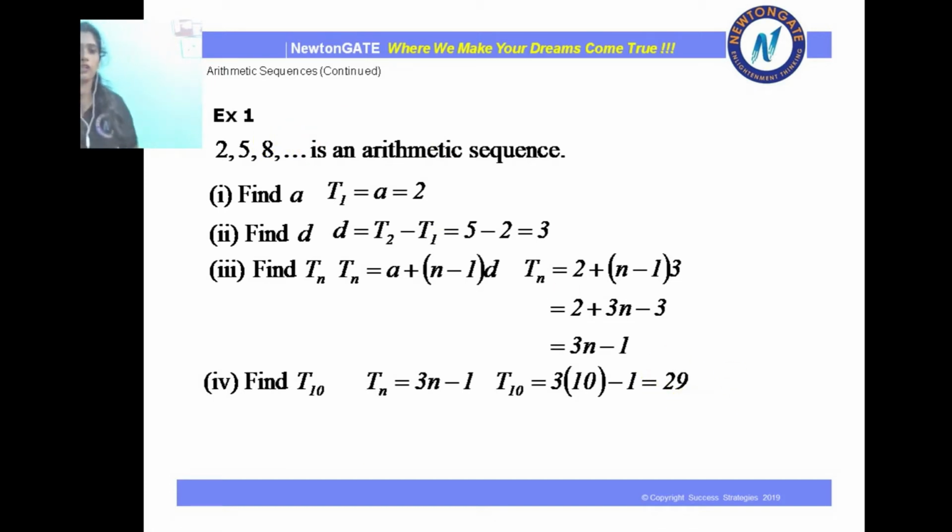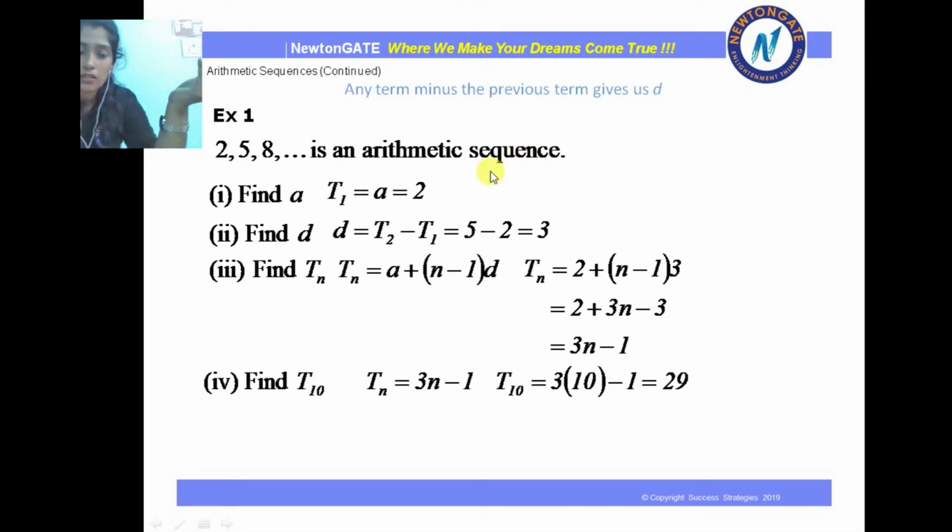Right? So let's move forward then. Any term minus the previous term gives us d. Again, as from the definition we had already discussed, any term minus the previous term gives us d. This line is very important. You cannot just subtract any number from any number.